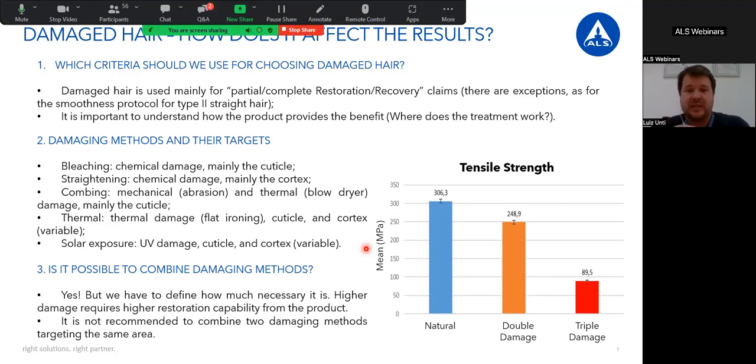Because this way we can choose the best damaging method to damage the hair and then apply the treatment to analyze this difference. So if the treatment provides a restoration, a recovery into the cuticle, for example, it is better to choose damage that will focus on the cuticle instead of the cortex.